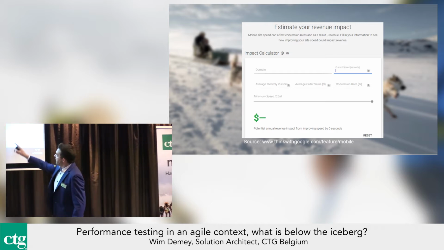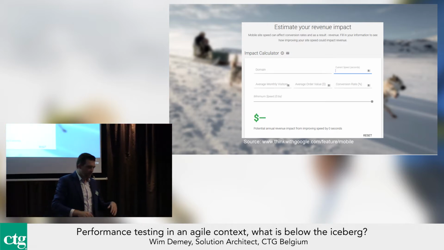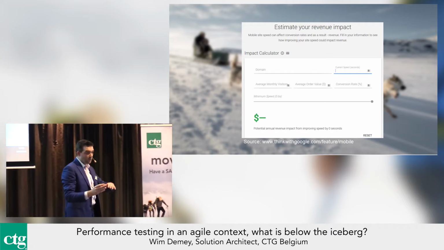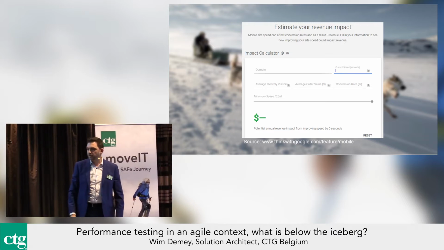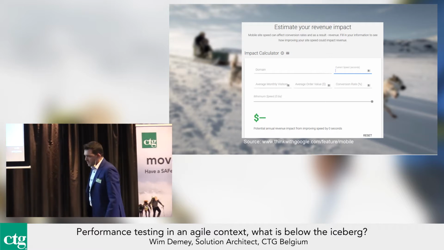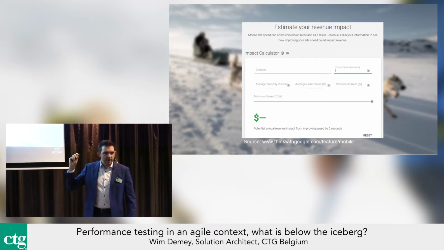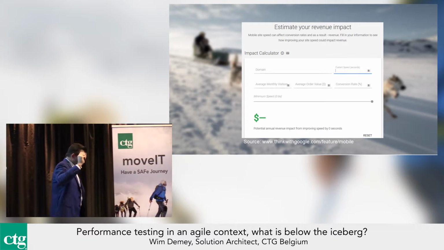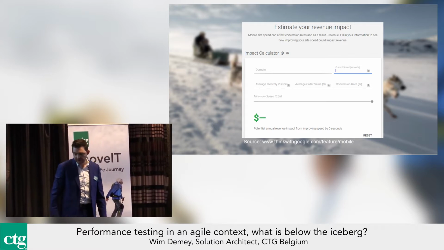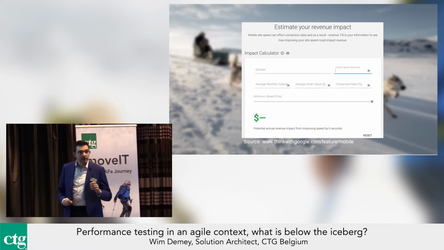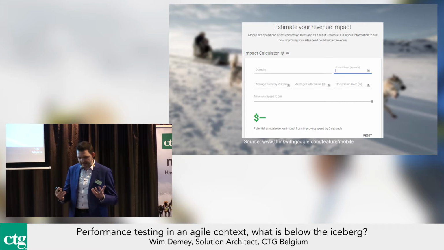You can play with this feature to simulate: if my website is 1 second or half a second slower, what is the potential impact on revenue? Amazon has done this exercise, and they have seen that a drop of 1 second on the Amazon.com site results in a decrease of 1% of sales.